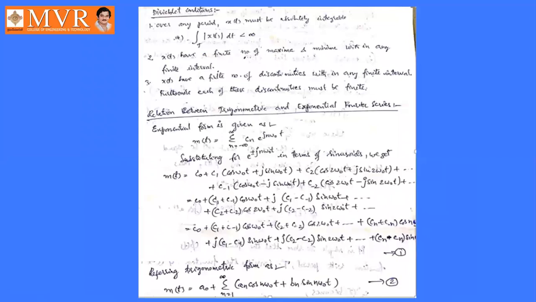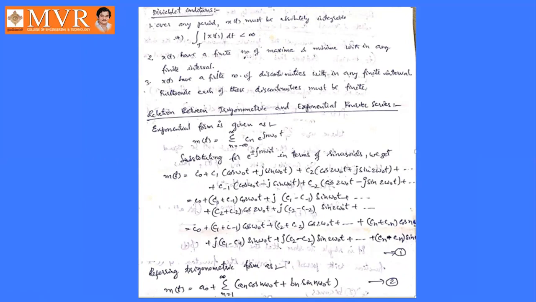Next, we will derive the relation between trigonometric and exponential Fourier series. Okay, so let us take the trigonometric Fourier series of an arbitrary function. Here e power j n omega naught is represented as e power plus or minus j n omega naught, that is cos omega naught plus j sin omega naught.